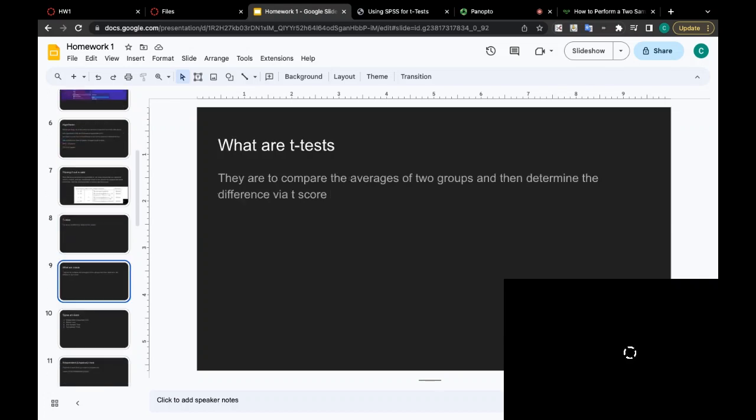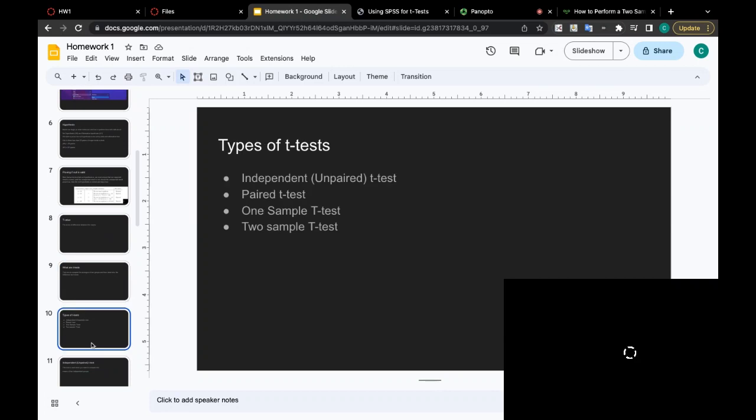Now, what are t-tests? Yep. Now, we're going to talk about types of t-tests. In the SPSS software, the independent unpaired t-test and the two-sample t-test are going to be a little bit similar, and in fact, they're going to use the same functions. I used a bunch of my material from these lecture slides, so that's why they're similar.